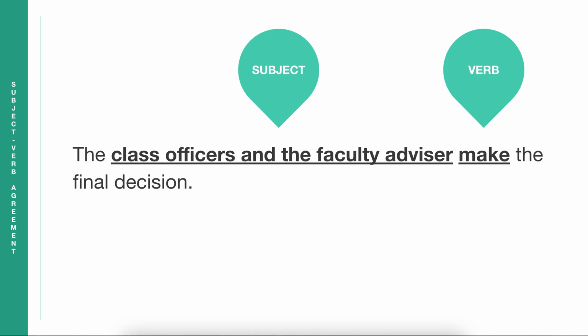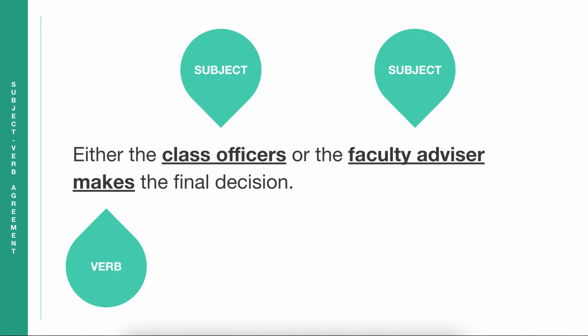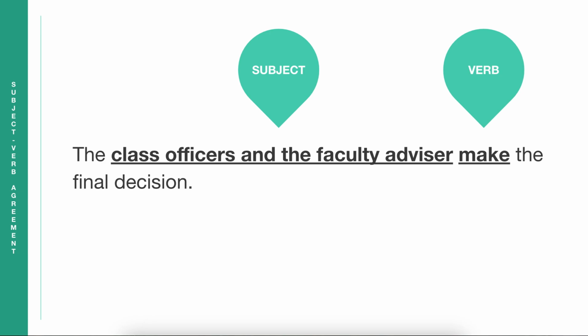Because there's multiple people, when we add all of them together, that means that our subject is plural and a verb must also be plural, which means that we do not put an S on our verb. So that's the tricky difference here. When we have an or, we match the verb to the subject it's closest to. When we have an and, that just means that we're combining all of the subjects together, which means that our subject is plural, and our verb should be plural too.